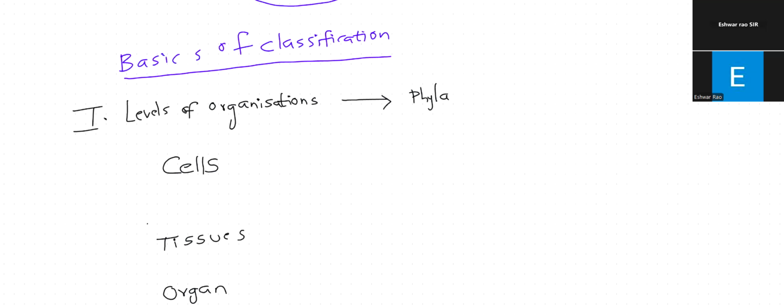First, let us talk about the cells. We know organisms are classified based on cells into two types. What is that? Unicellular and multicellular, right?